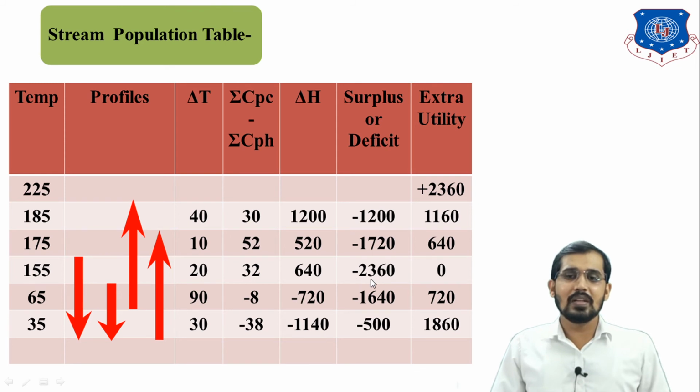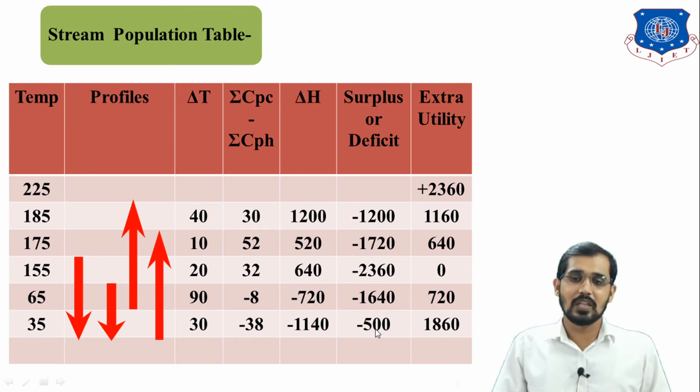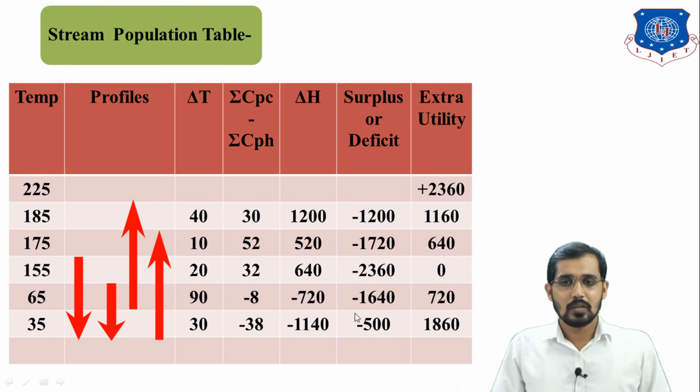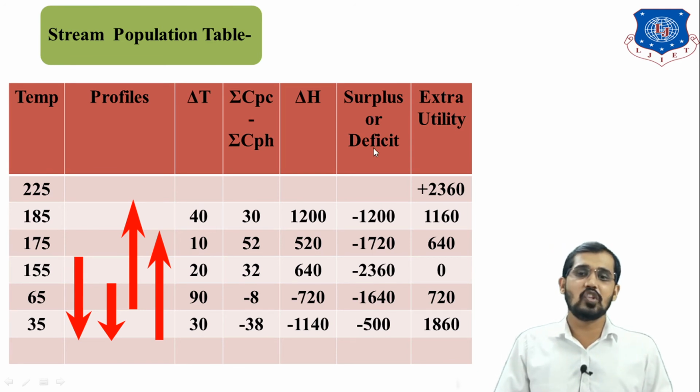Similarly, minus 2360 minus 720, means minus 2360 plus 720, is minus 1640. And lastly, minus 1640 minus 1140 is nothing but minus 500. So this is all about surplus and deficit values.